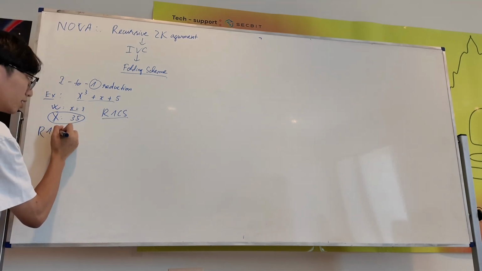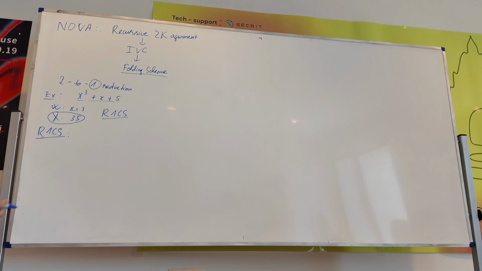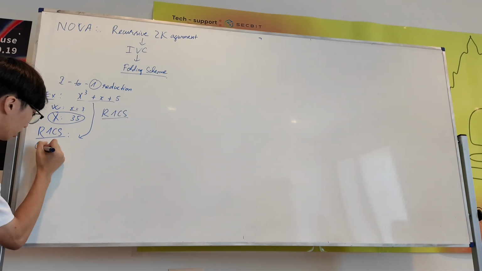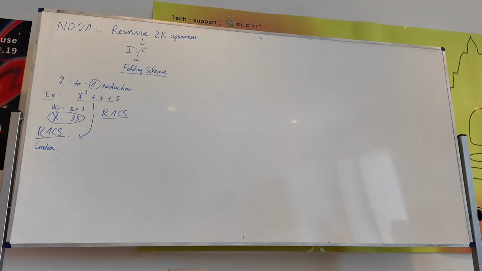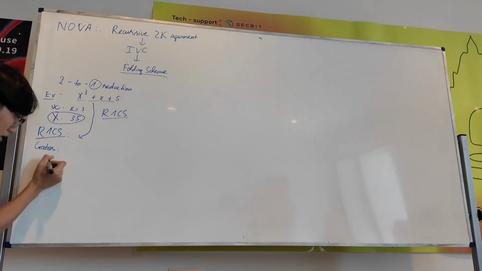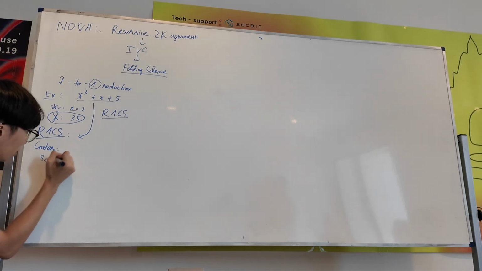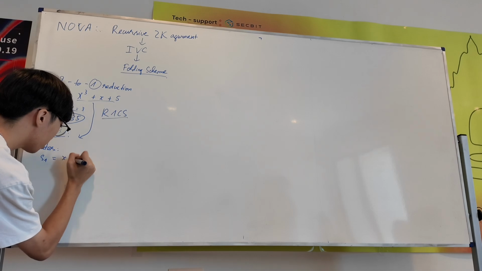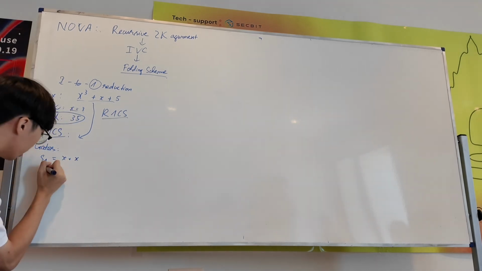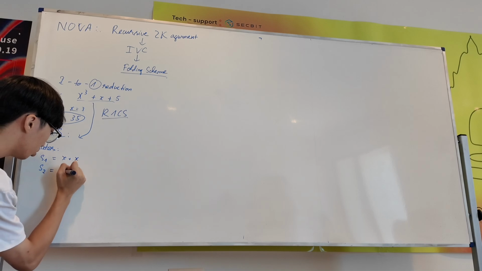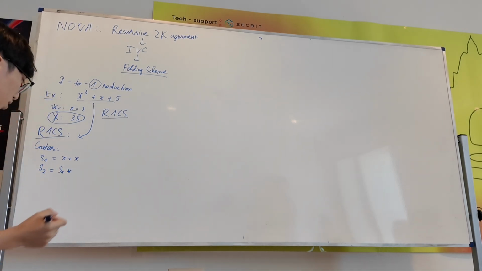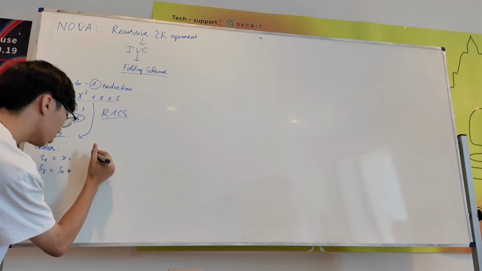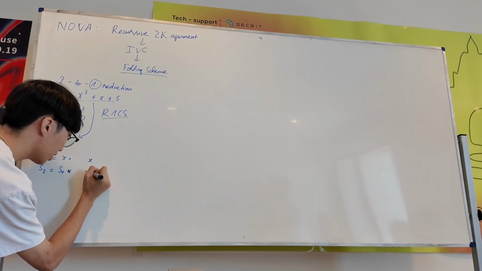So here is R1CS. Take this as an example. If we transform it into multiplication gates, we have S1 equal to x multiply x, and S2 equal to S1 multiply S1.